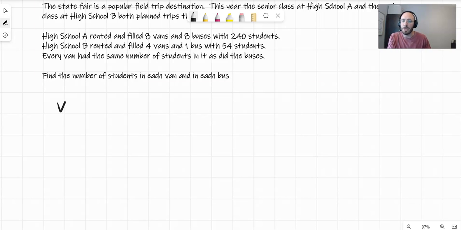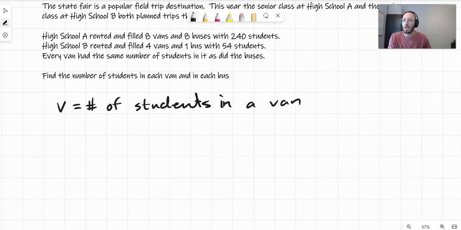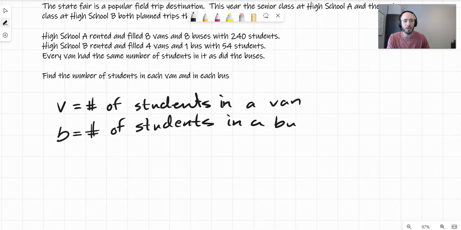So I'll say V is the number of students in a van, and B respectively will be the number of students in a bus. All right.